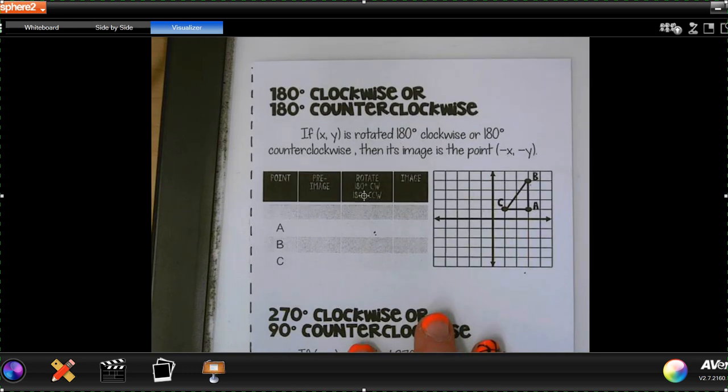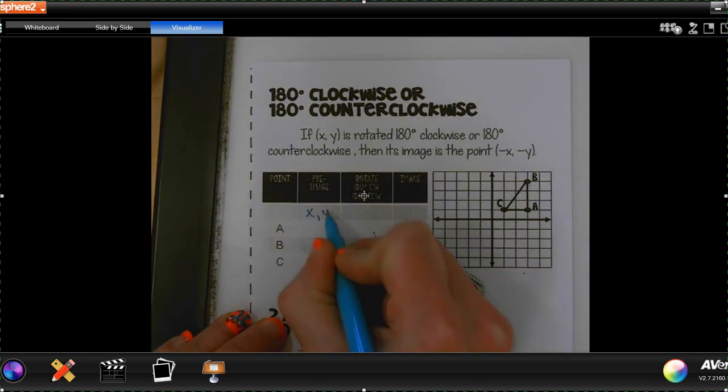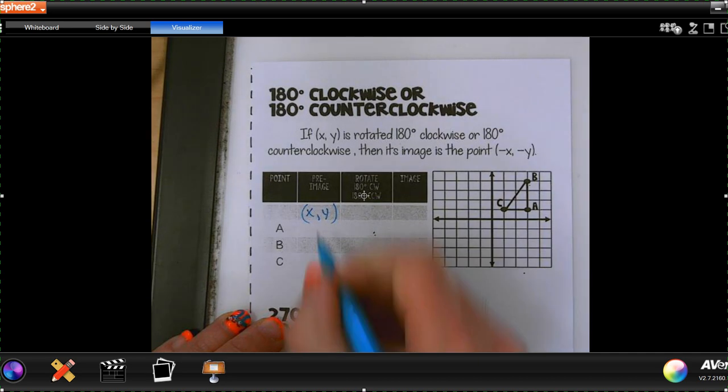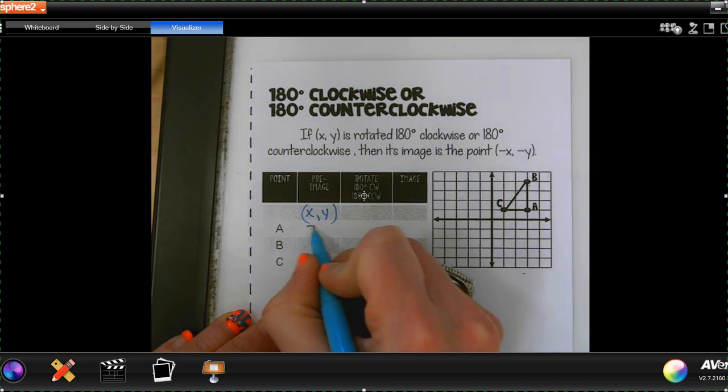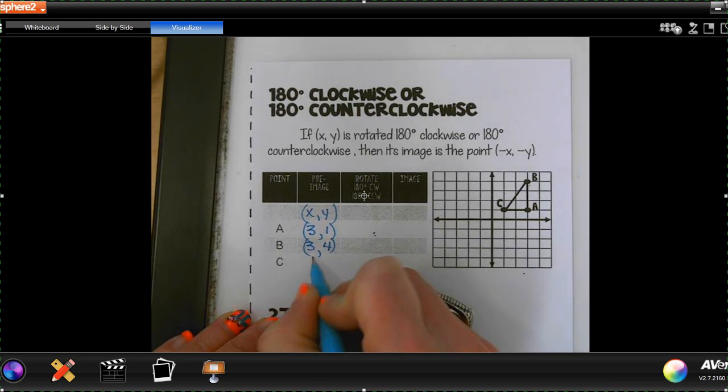Okay, let's go on to 180 degrees, clockwise or counterclockwise, doesn't matter. Again, I'm going to go X, Y. I think that'll help us out. Same data points. So you can just copy them here, which is kind of nice for all 3 of these pictures, same data points.